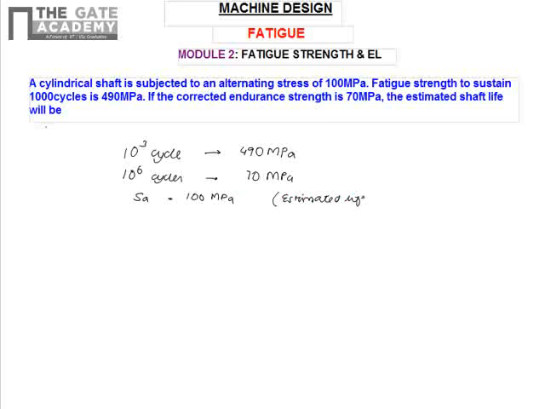From the above data, we can see that since the stress level of 100 megapascal comes between these two values, the number of cycles also should be between these two values. Now we can draw the SN diagram. We are considering only the initial straight line portion, 3 here, 6 here.